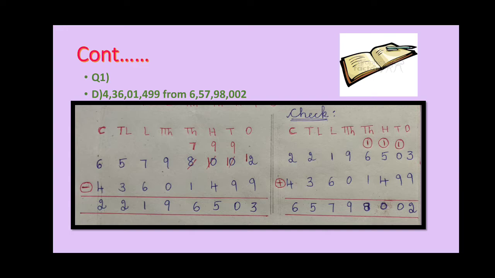So write the place values first. When you are writing the place values, give half finger space. Then write down the minuend first. The bigger number is the minuend.